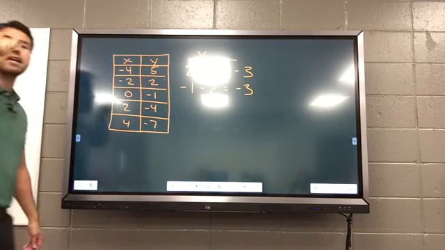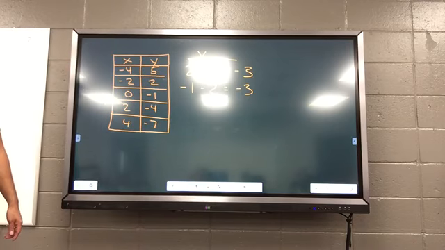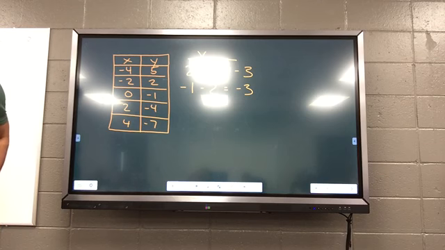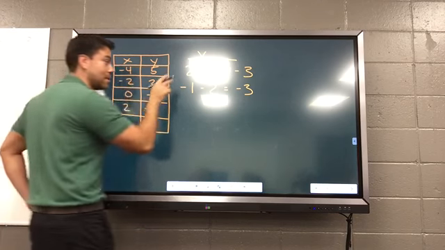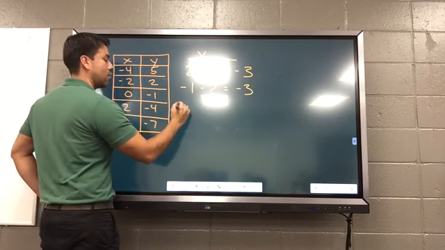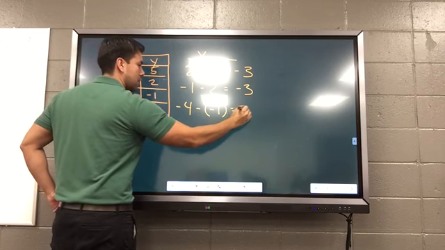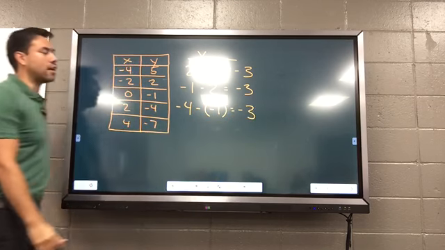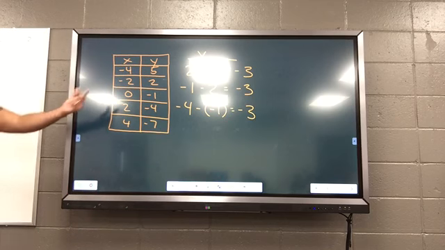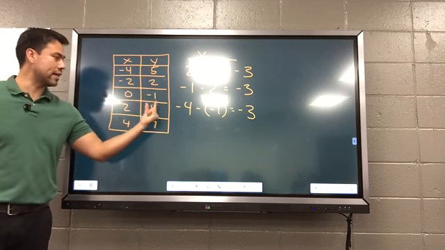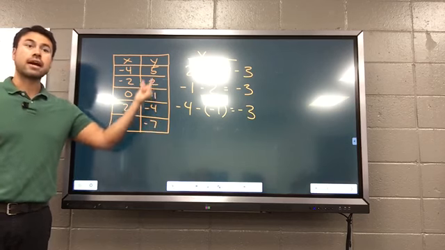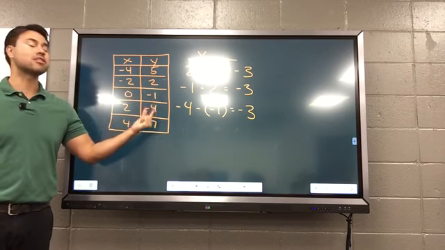Is that a common difference? Have we looked at common differences before? But that could be coincidental. What about negative 4 minus negative 1? We have a common difference. What kind of sequence is this? Arithmetic.